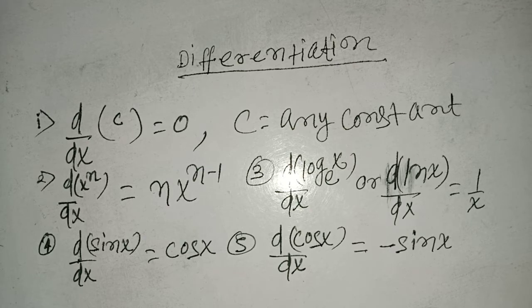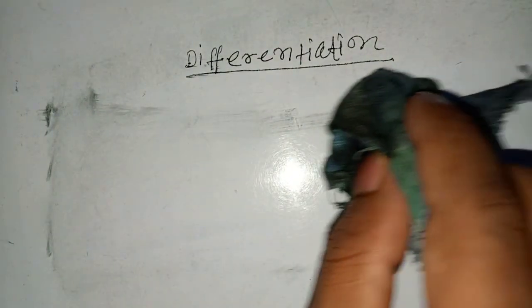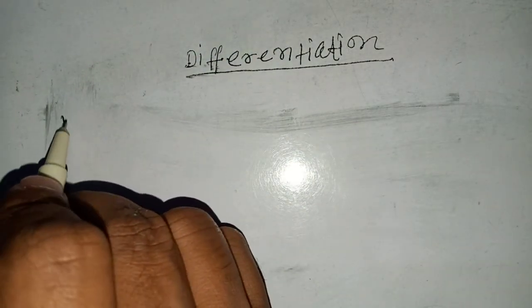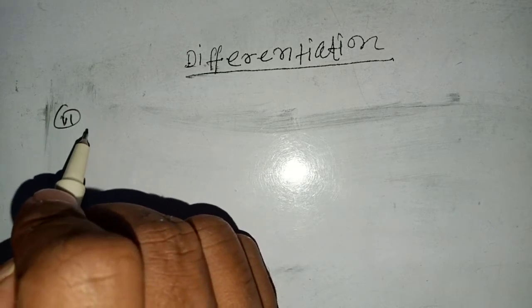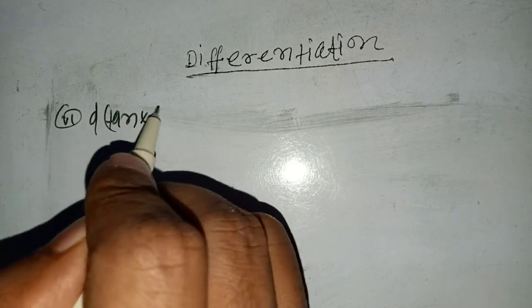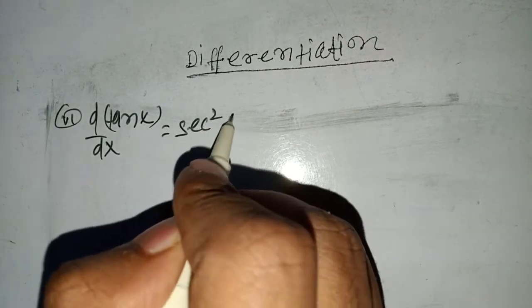Okay, next, number 6, d tan x by dx is equal to sec square x.